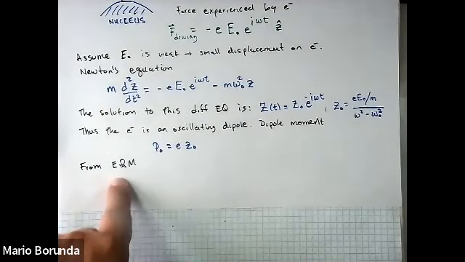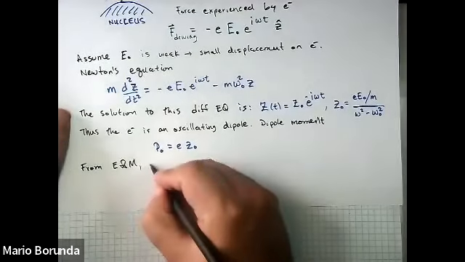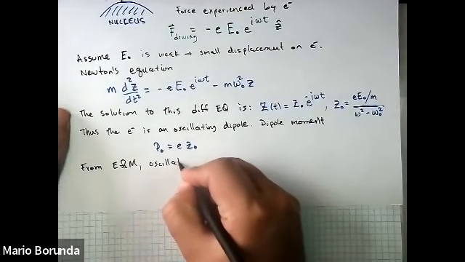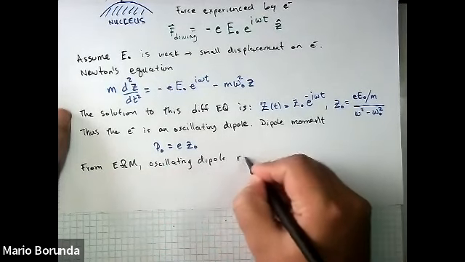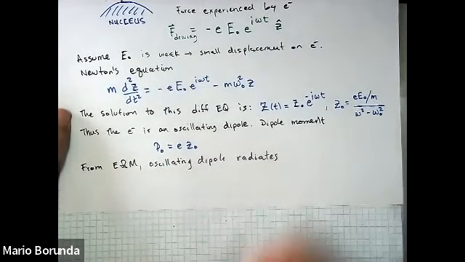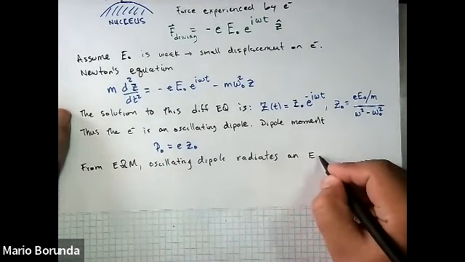You have that this oscillating dipole radiates an E&M wave.